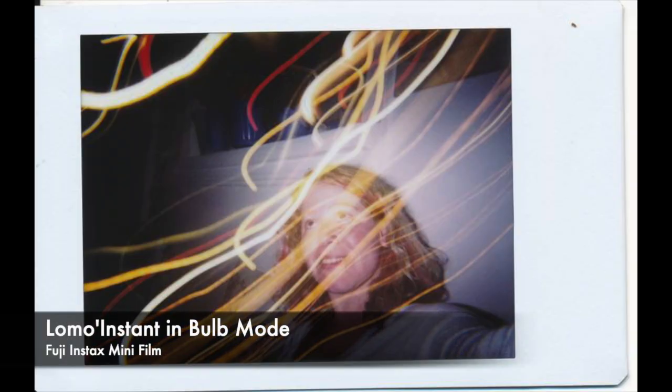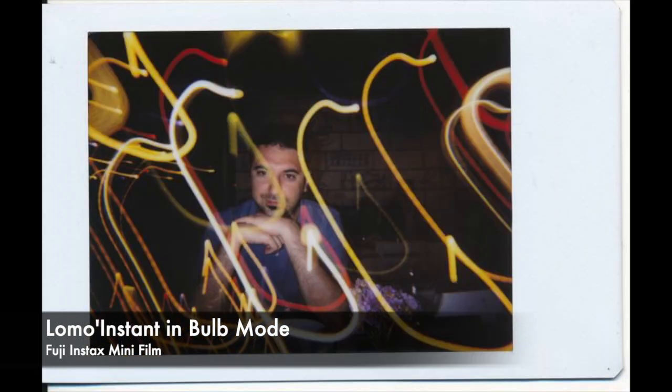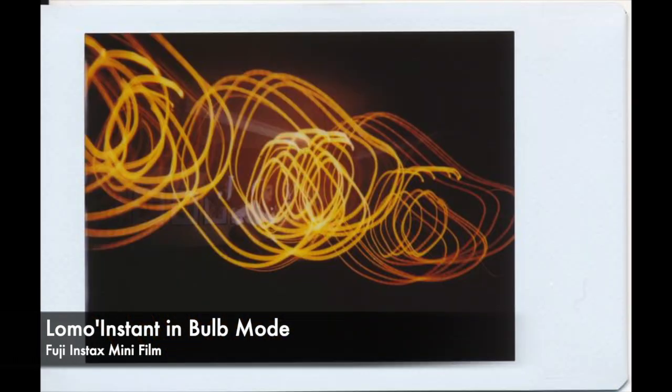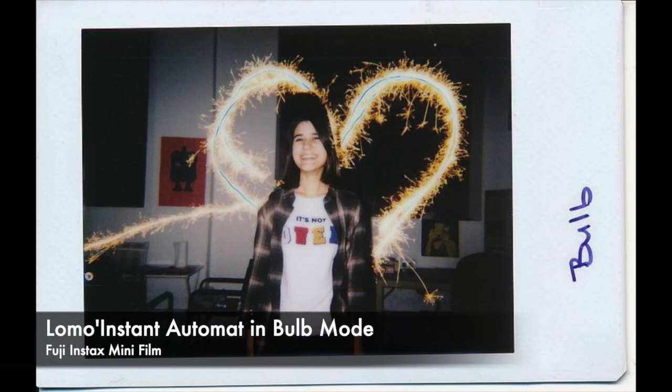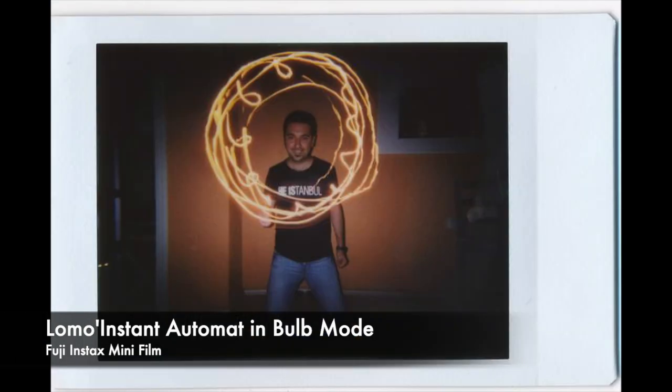And that is how light paintings are done. When you do a light painting with an analog camera, you set it to B, and then you draw something with a light source like a sparkler or a flashlight or fire, some sort of light source, and you stand in front of the camera and draw something.